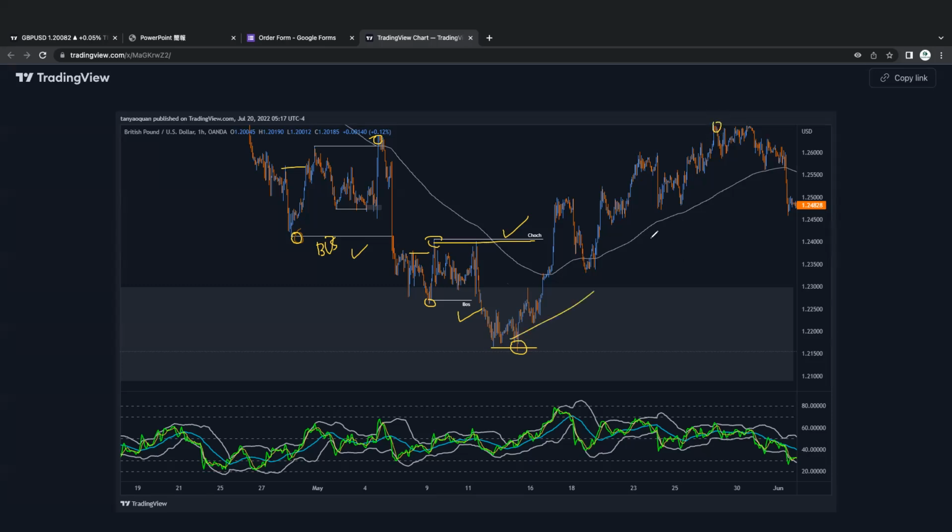So this becomes our single leg. Recent low is here. So this is our inducement, and on the bottom, this is our engineering liquidity. Correct.